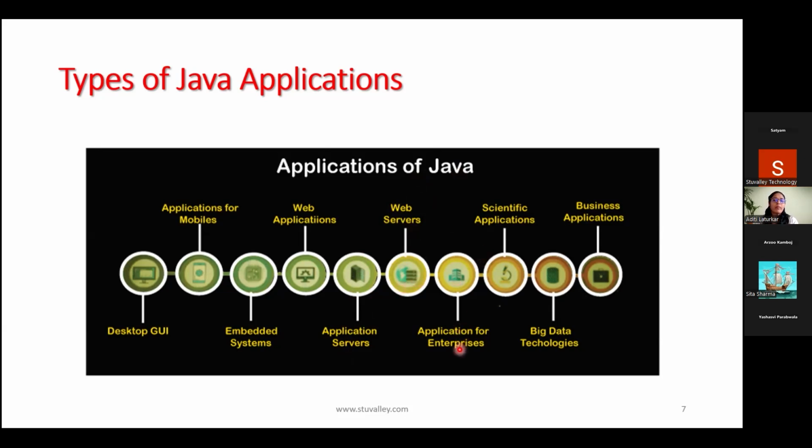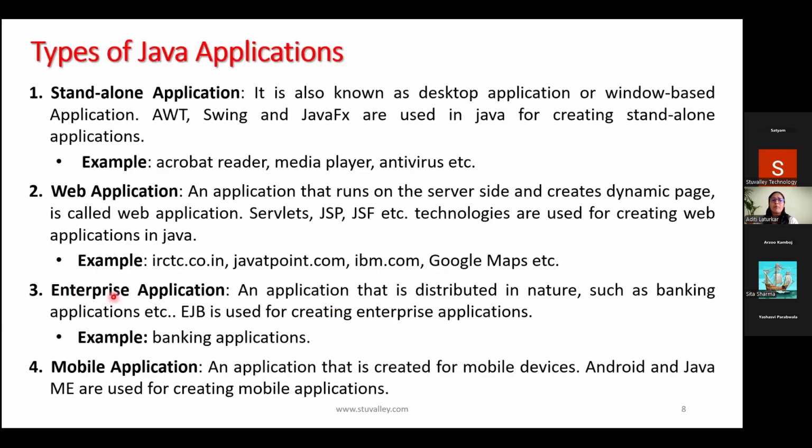Application for enterprises are also known as enterprise applications. Java provides you the technology EJB for developing or creating enterprise applications. These applications are distributed in nature, such as banking applications. For example, consider any banking application, like SBI. They are managing their data centrally.